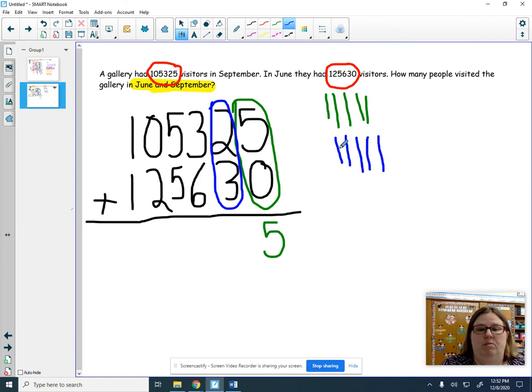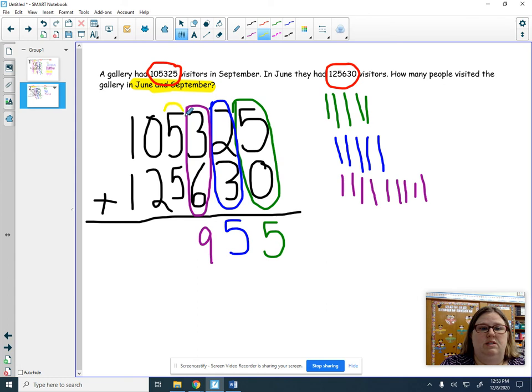So again, if I count them, 1, 2, 3, 4, I have 5. All right, our hundreds place. So start with our top number, 1, 2, 3. Bottom number, I have 6. 1, 2, 3, 4, 5, 6. Let's count them up. 1, 2, 3, 4, 5, 6, 7, 8, 9. So I have 9.